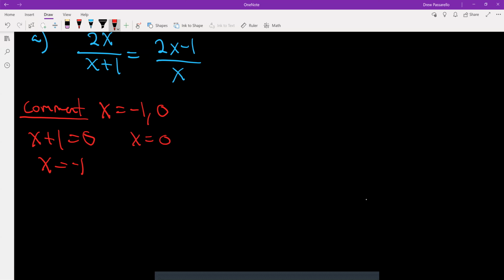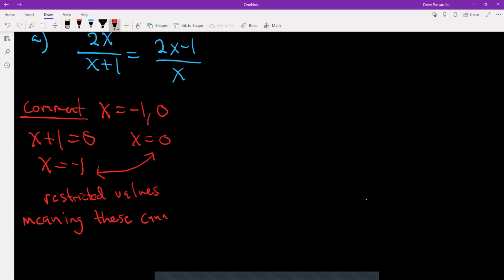And these two values are called restricted values, meaning you can't have these two as answers. So I'm saying they cannot be valid for the answer or solution.